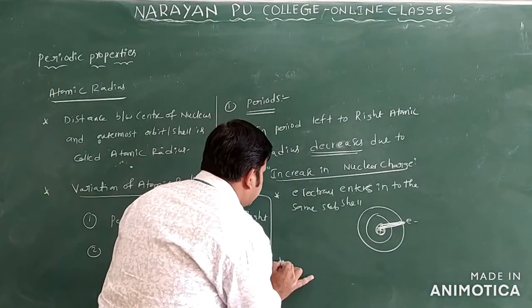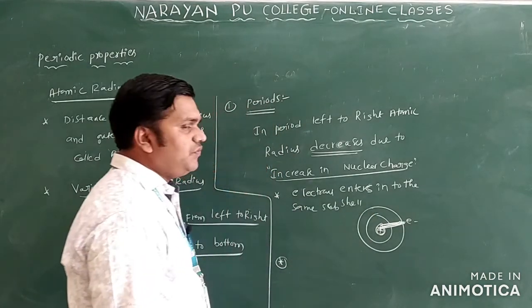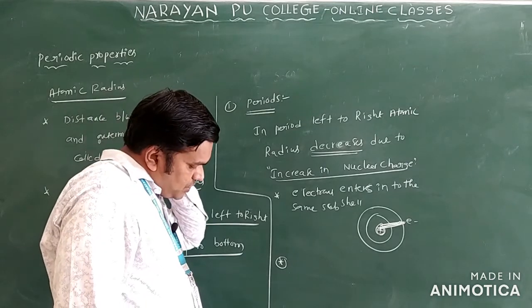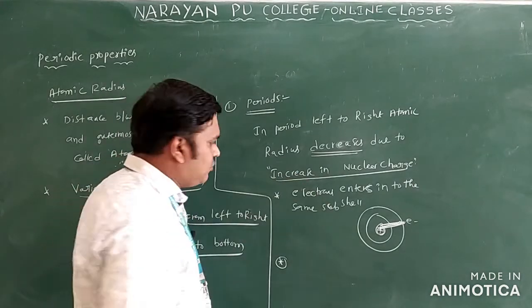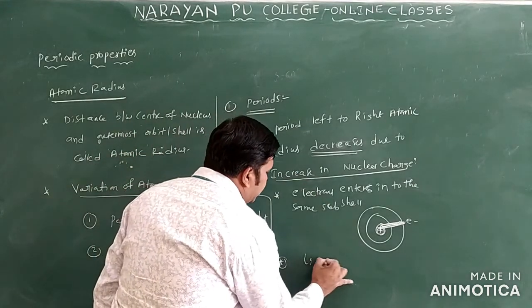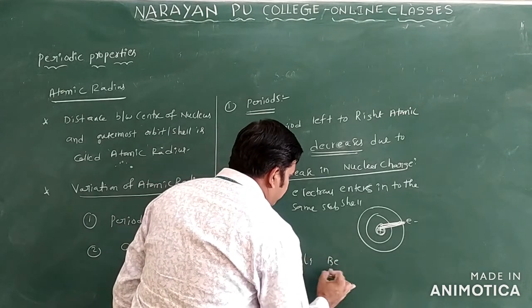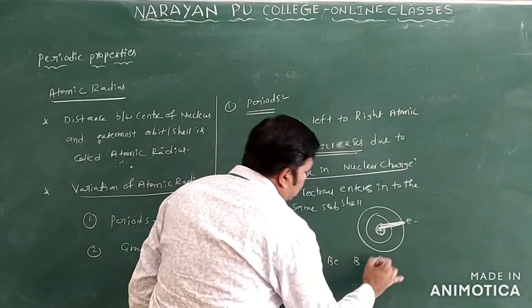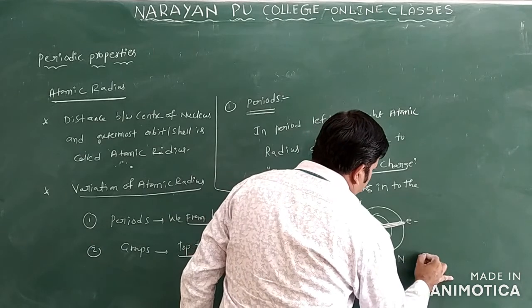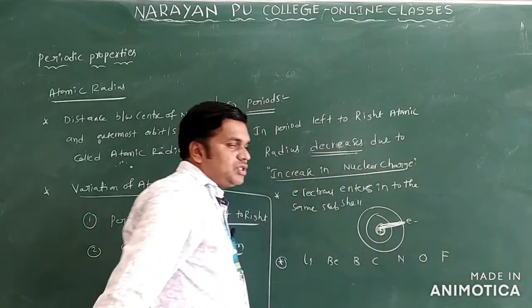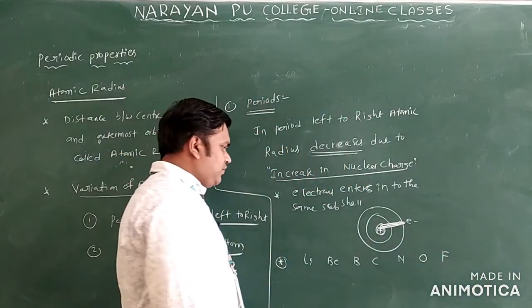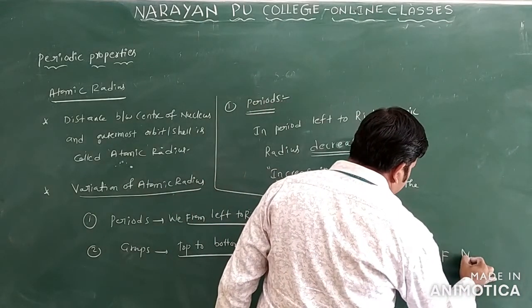So that is regarding nuclear charge. If you take the second period elements, we have lithium, beryllium, boron, carbon, nitrogen, oxygen and fluorine. And if we take one more, the noble gas also.